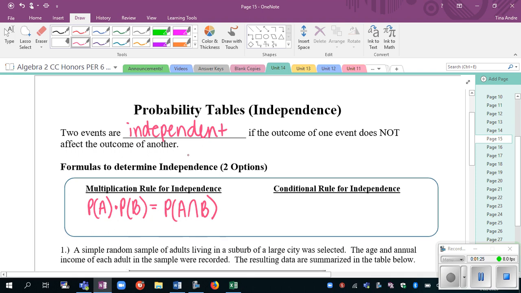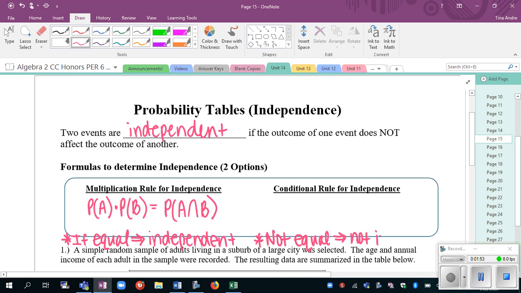So if these are equal, this implies independent. Not equal implies not independent.